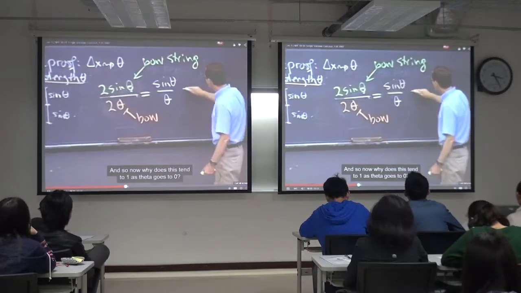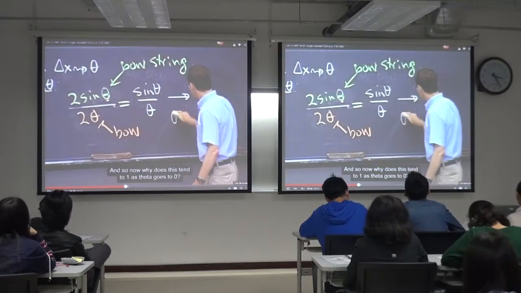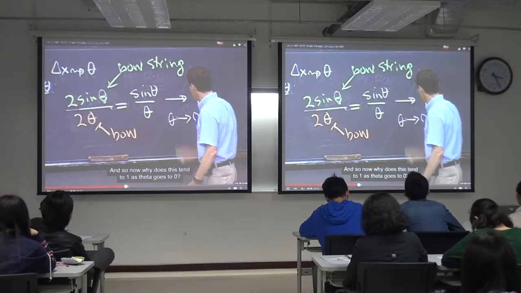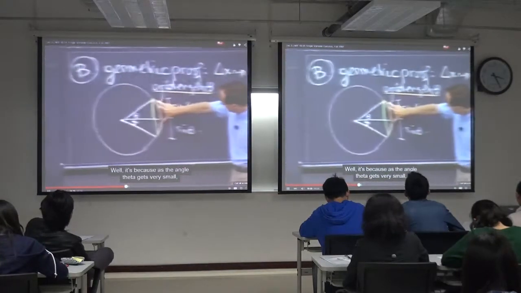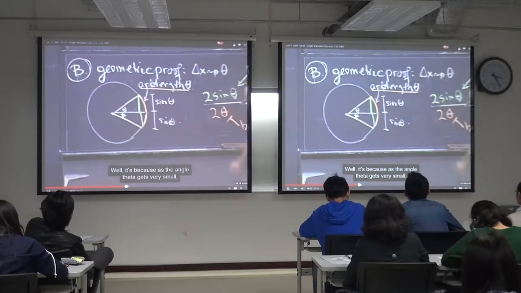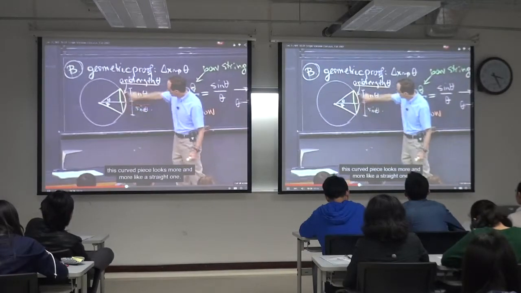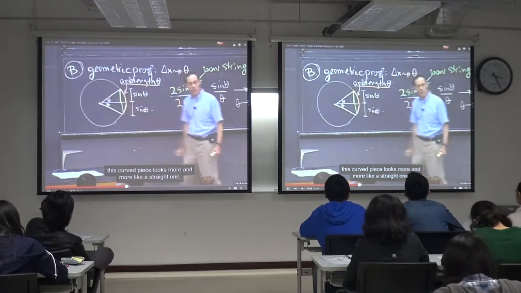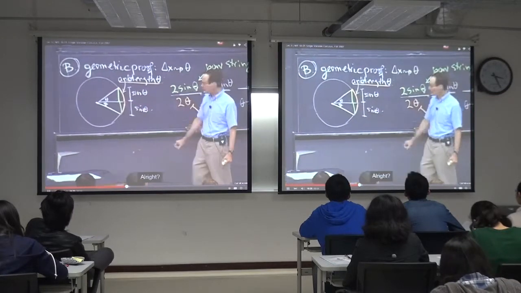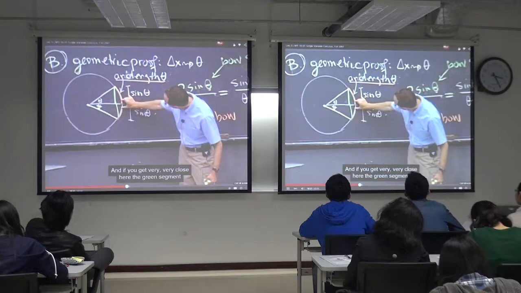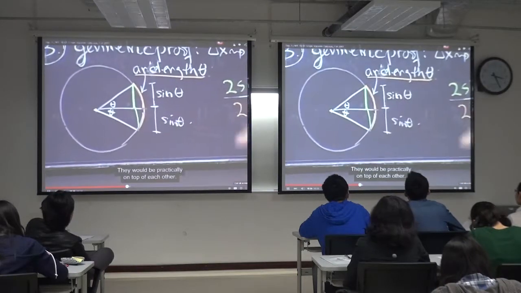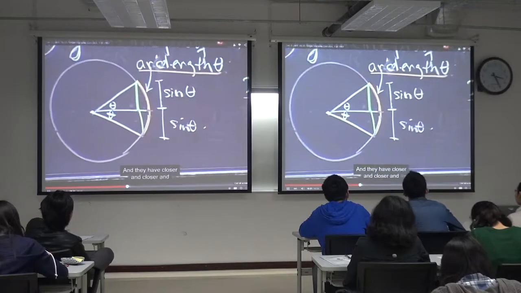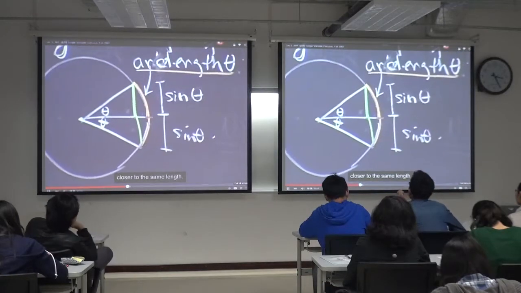And so now why does this tend to 1 as theta goes to 0? Well, it's because as the angle theta gets very small, this curved piece looks more and more like a straight line. And if you get very, very close here, the green segment and the orange segment will just merge. They will be practically on top of each other, and you have closer and closer to the same length.